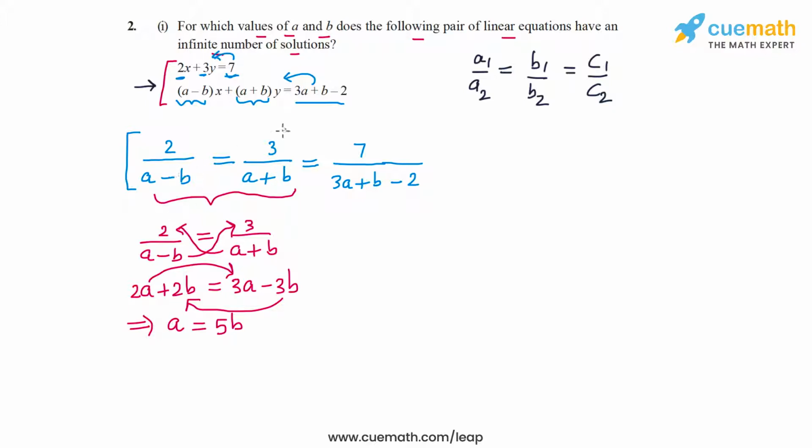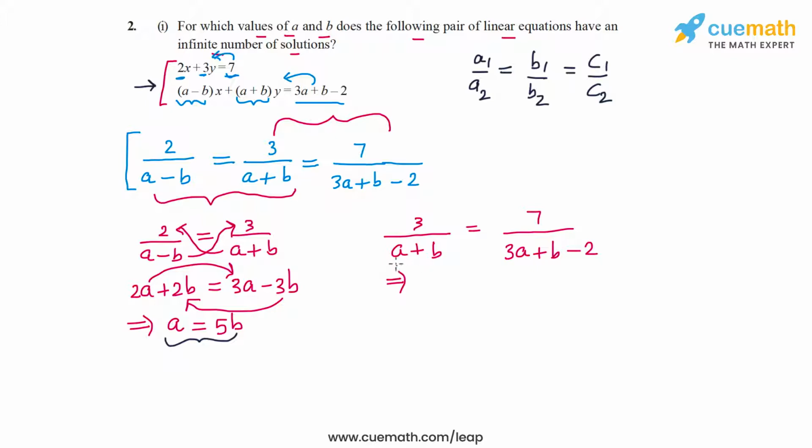Now let's use this pair of equalities to create another relationship in a and b. So we have 3 by a plus b is equal to 7 by 3a plus b minus 2. But from our first equality, we already have a equal to 5b.